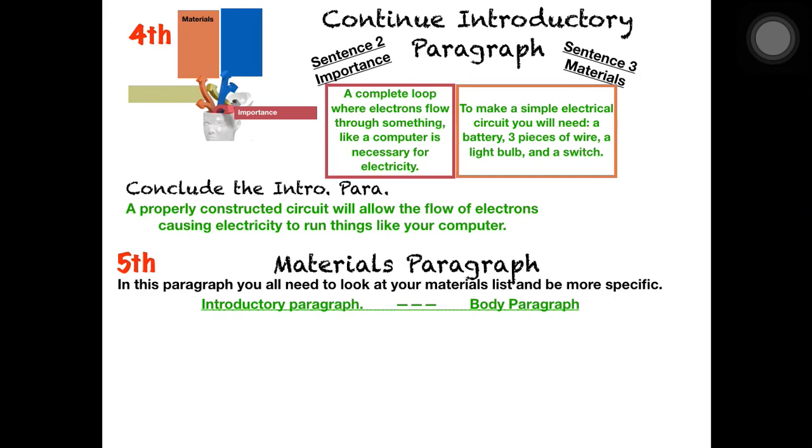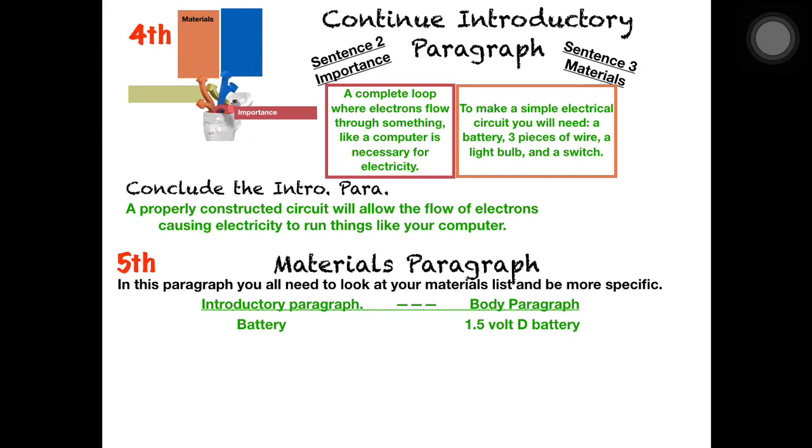We're going to compare the introductory paragraph, where we mentioned the material, and how we should maybe revise it and be more specific in the body paragraph. In the introductory paragraph, if you remember, our example for class is talking about how to make an electrical circuit.